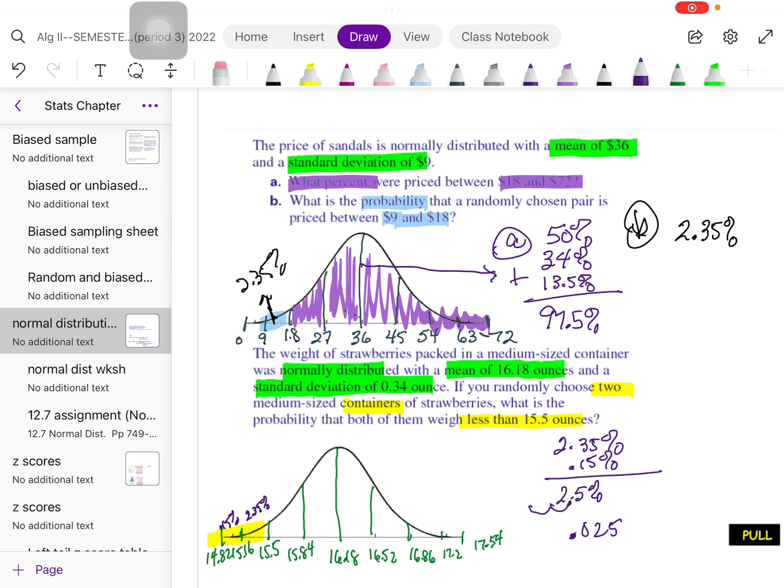So this is 1 container. And in probability, "and" means to multiply. So I have and 2 containers. So 0.025 times 0.025 gives me 0.0000625. So this is my probability that the 2 containers I choose are less than 15.5 ounces.